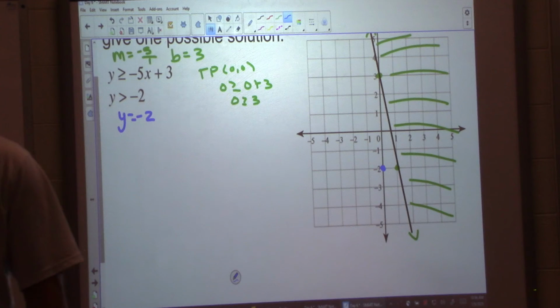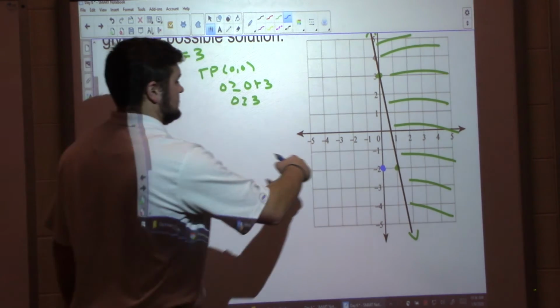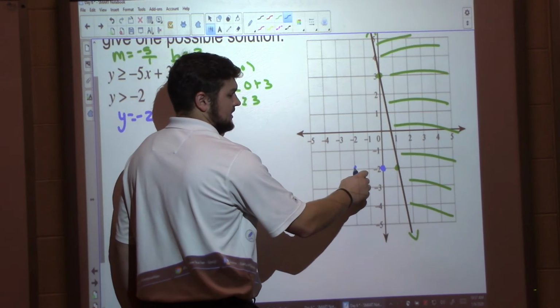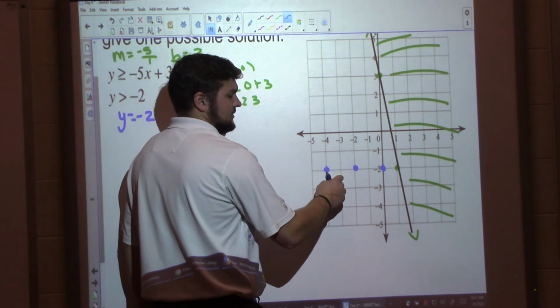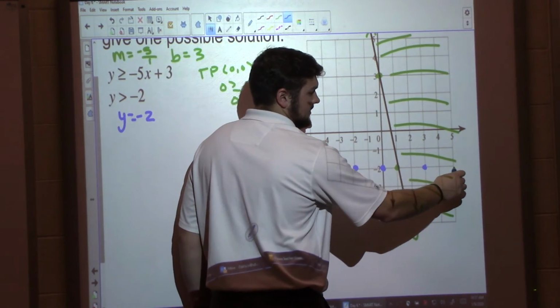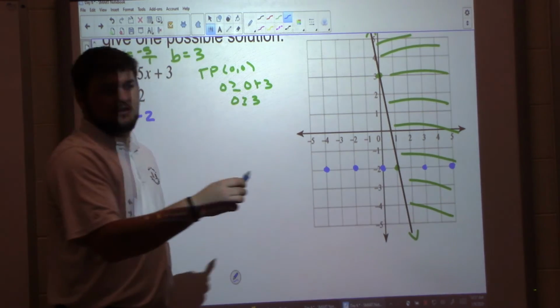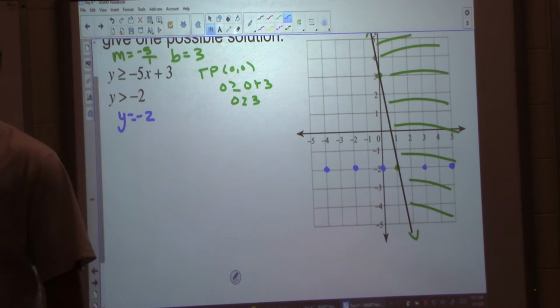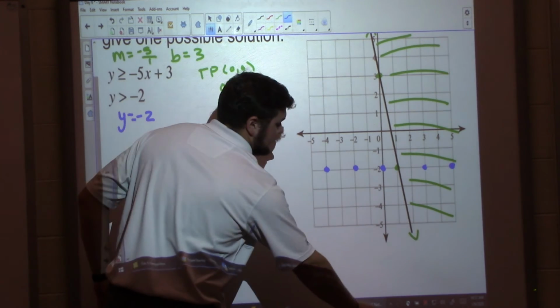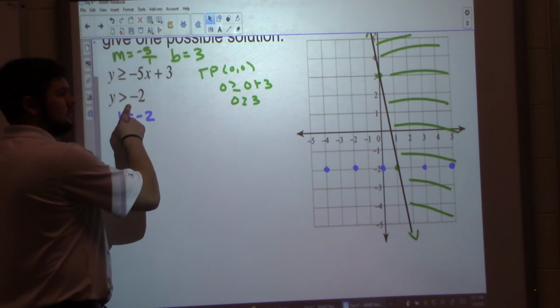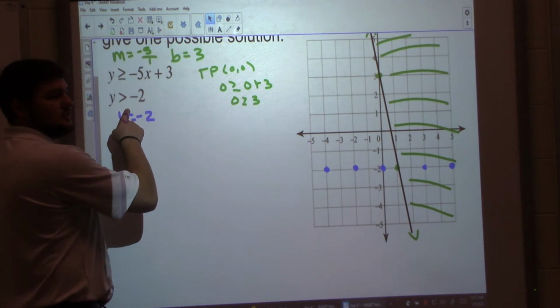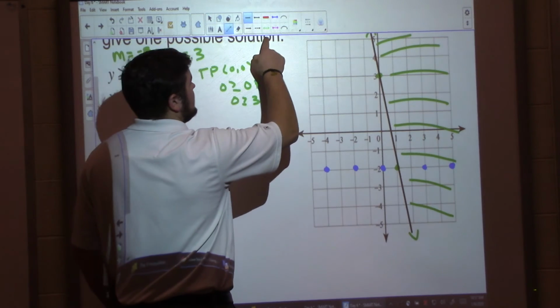If I gave you the point -2, -2, it lands right there. Y is -2 here, y is -2 there, y is -2 there. What type of line am I going to get? A horizontal line, everywhere where y equals -2. Dashed or solid? Dashed. Good.